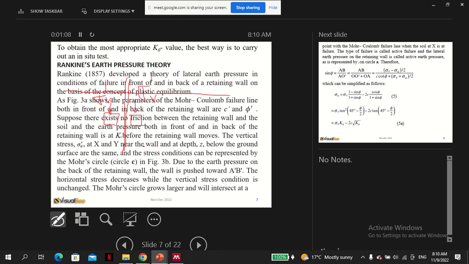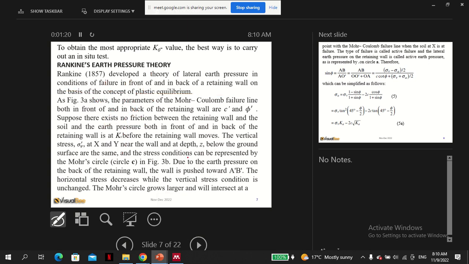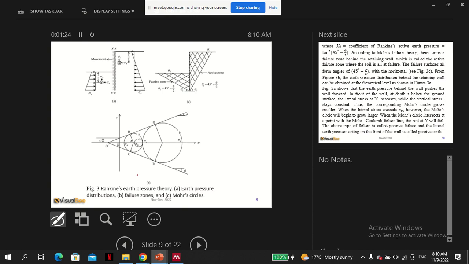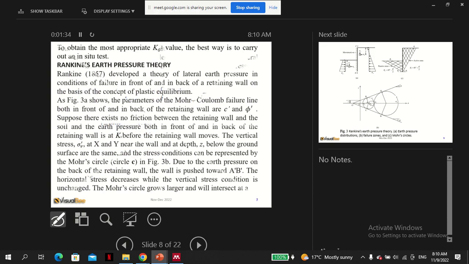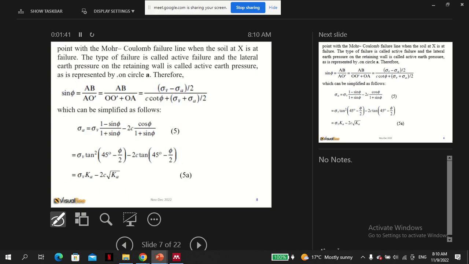That's the point. So if you draw it, the stress conditions can be represented by the Mohr circle in figure 3b, so here.